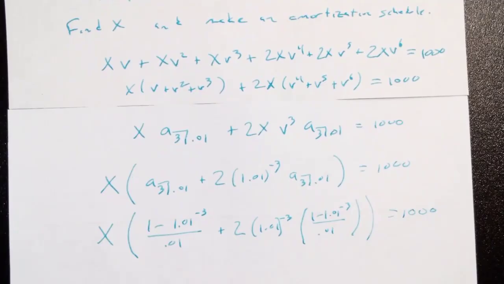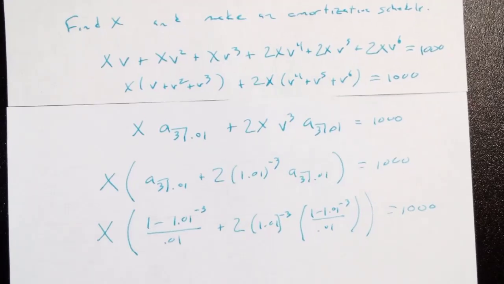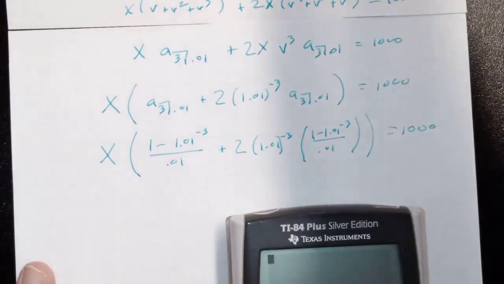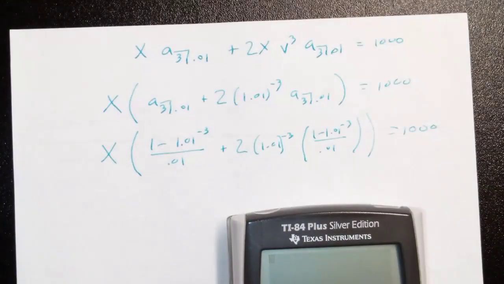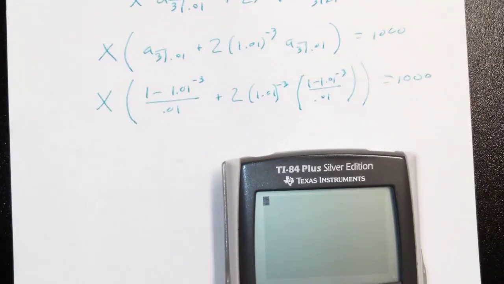So now I grab my calculator and I figure out what this number is. One minus 1.01 raised to the negative 3, divided by 0.01.